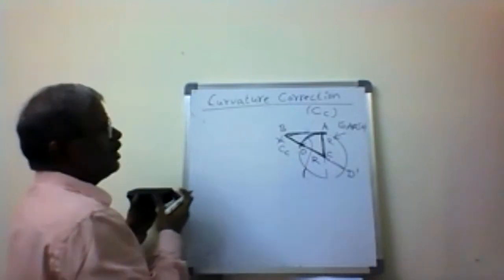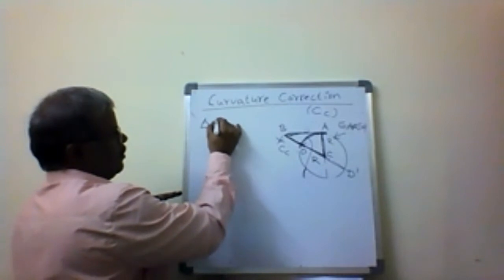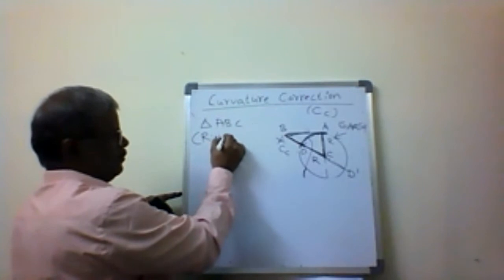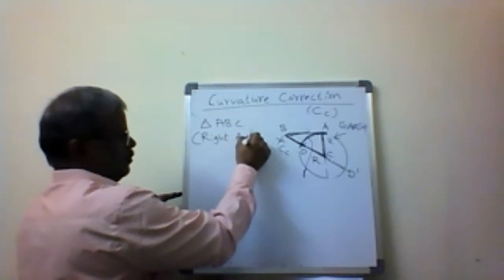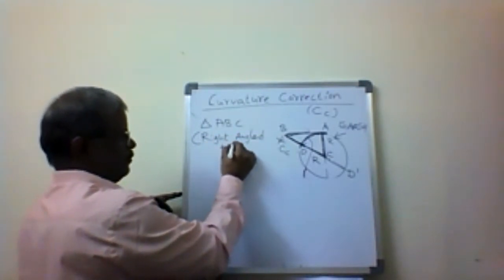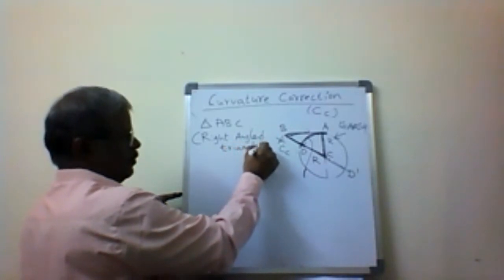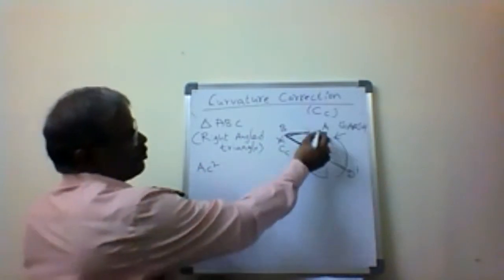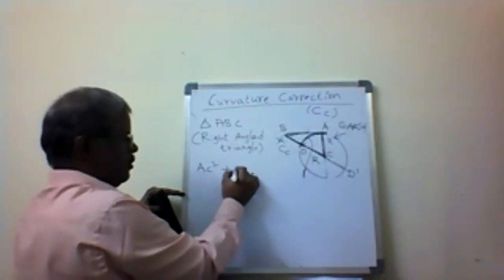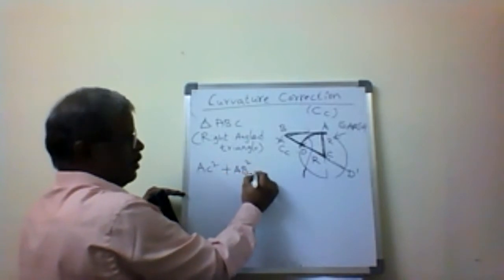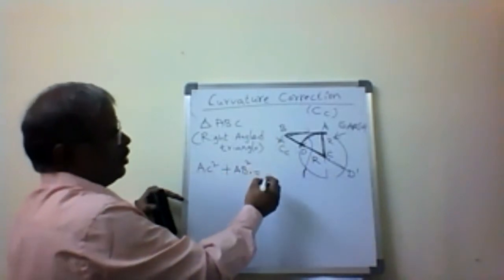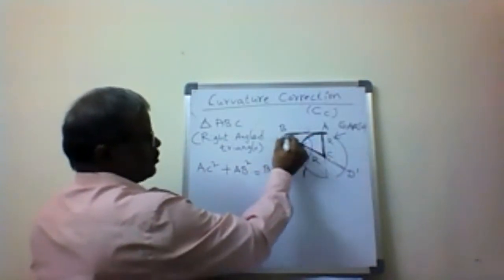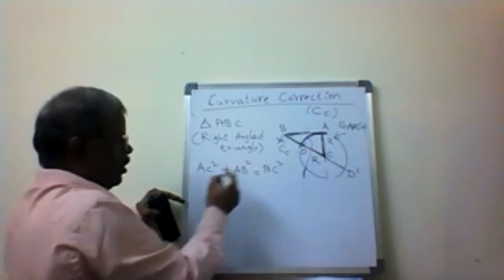Now take the triangle ABC, which is a right angle triangle. AC square plus AB square equals BC square.